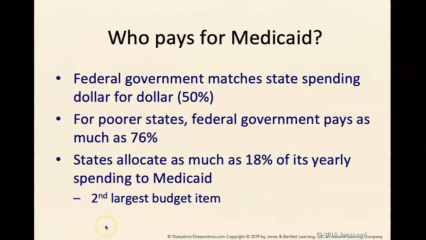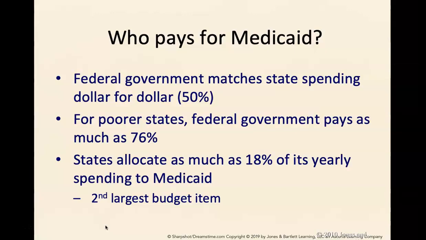Who pays for Medicaid? Because this is a joint program by the federal government and the state, it is a 50-50 dollar for dollar matching arrangement. So if you as a state can raise 50 cents, the federal government is going to give you another 50 cents.